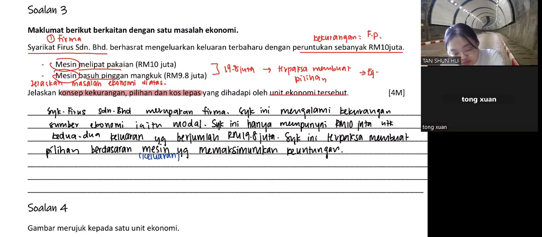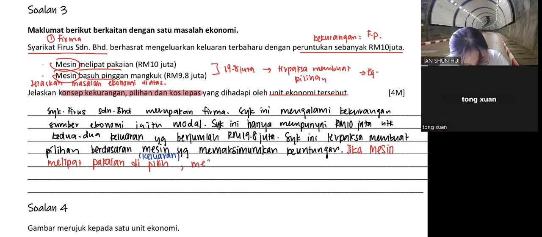Okay, they have to membuat pilihan based on maximizing keuntungan, right? So you can further tell me, okay, jika mesin melipat pakaian dipilih, being chosen. So what happened?